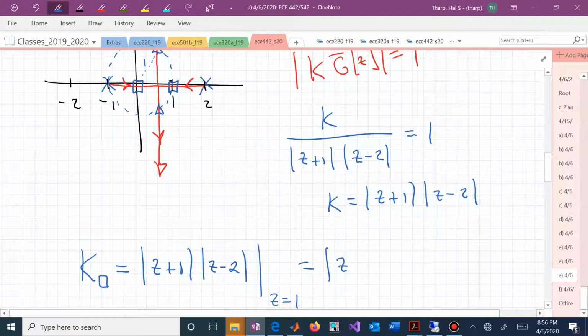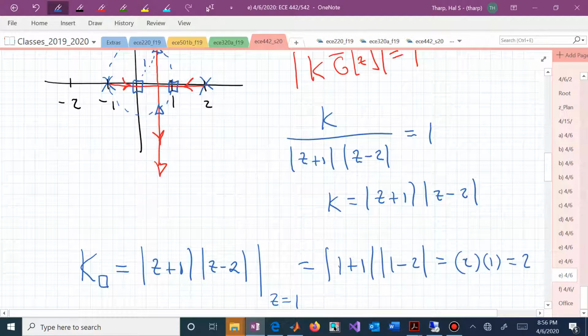So now we have the magnitude of 1 plus 1, times the magnitude of 1 minus 2, or 2 times 1, or a value of 2 to get us to the box. That means that if we have this knob k that we can adjust from 0 to infinity, we need to get that knob turned up to at least 2 before we get this system to be closed loop stable.